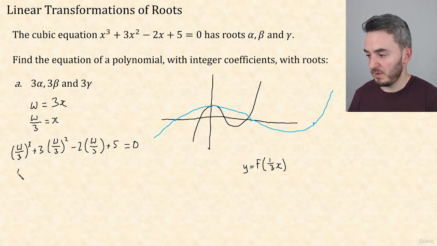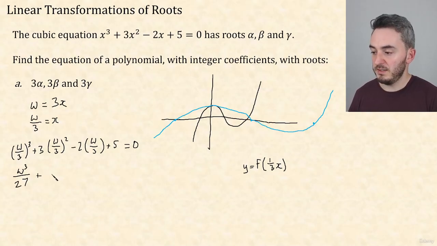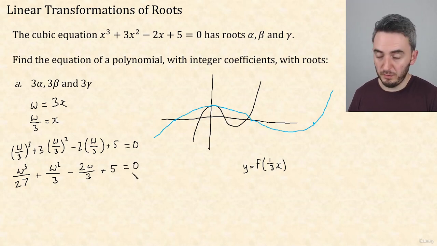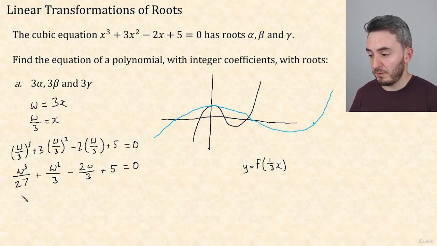If we expand this, we get w cubed over 27 plus, now that's w squared over 9 times by 3, and it's w squared over 3. Then we've got minus 2 times w over 3, plus 5. So to make these integer coefficients, I'm just going to have to multiply everything through by 27. When I do that, I get w cubed.